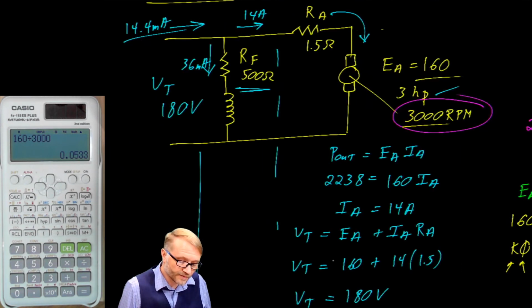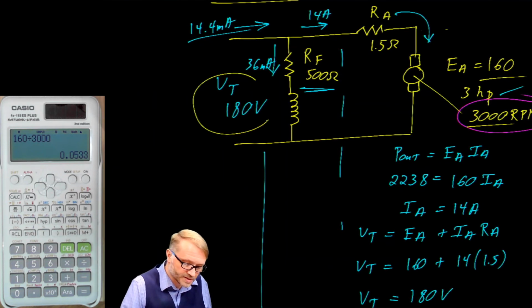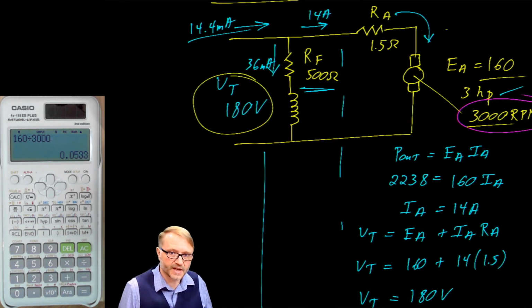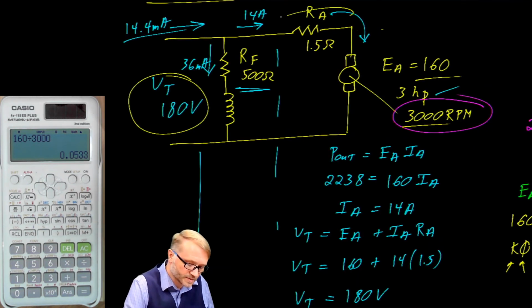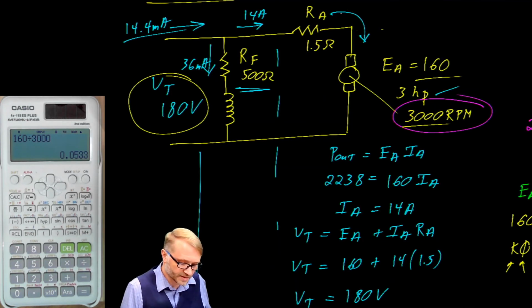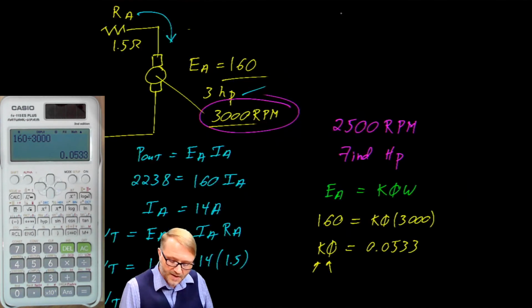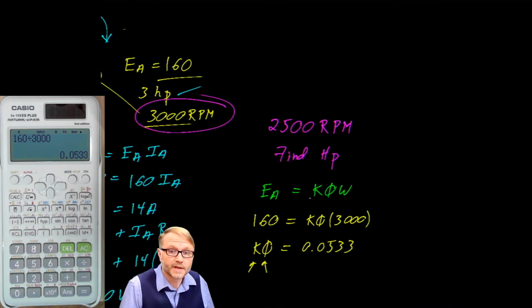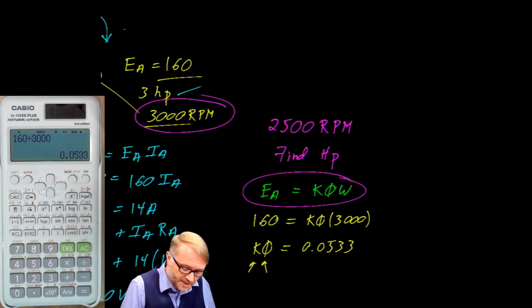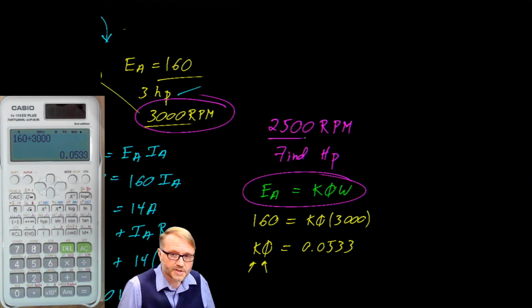However, we know a few things. We'll assume that the terminal voltage hasn't changed, and we'll assume that we're using the same physical machine. If that's true, neither K nor phi have changed, so they're going to be constant. Now watch this. This equation didn't change, but what did change was the speed at which the motor was turning.